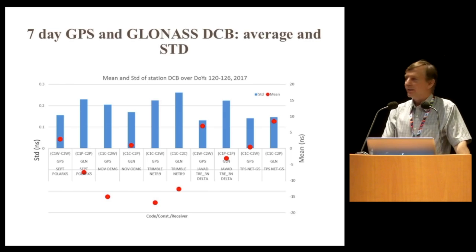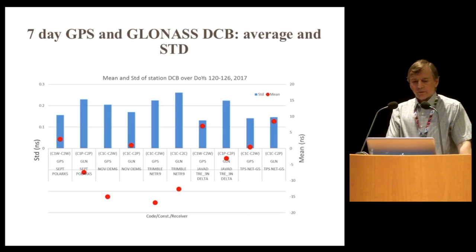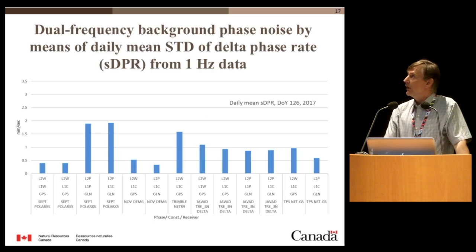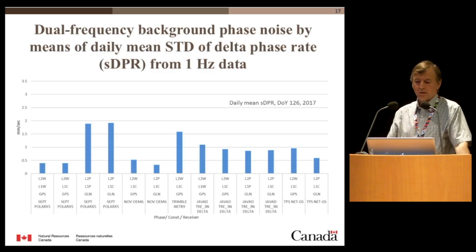The red dots are the differential code biases, and the blue bars are the standard deviations. This is the standard deviation of the differential phase rate, and so we use this to characterize the phase noise so that scintillation can be observed, and we see interoperability again.